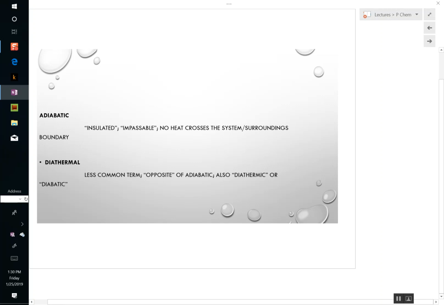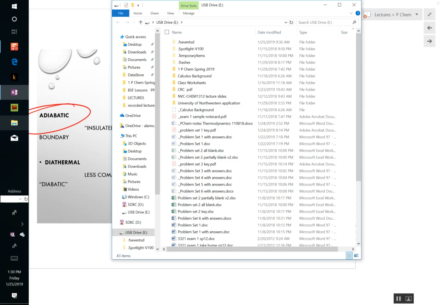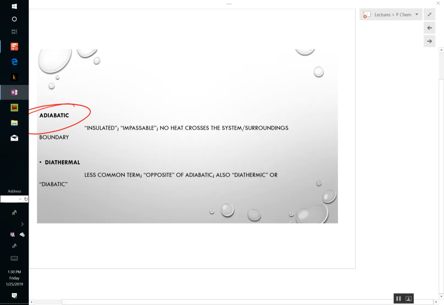Okay, just a couple more terms. We'll probably use this one a lot more: adiabatic. So an insulated system, it's impassable. No heat crosses the system or surroundings boundary. A term that's not used very often, you could see diabatic. This is adiabatic, so this is the opposite of this. This is a system where energy does cross the barrier.